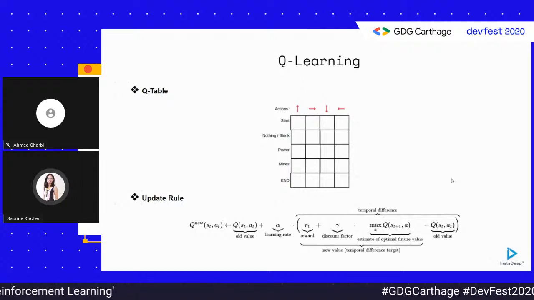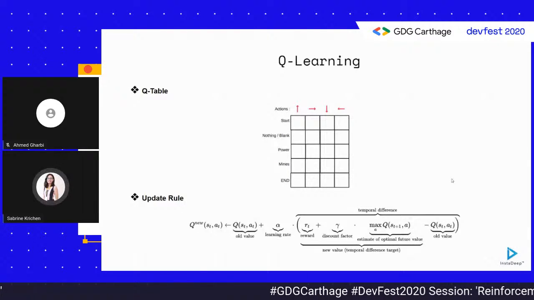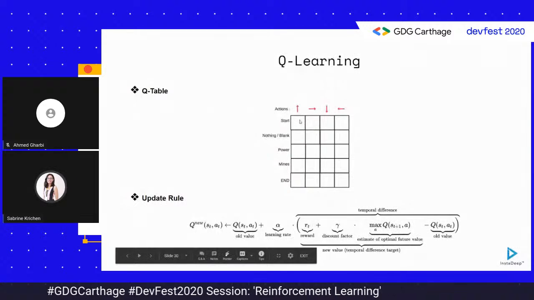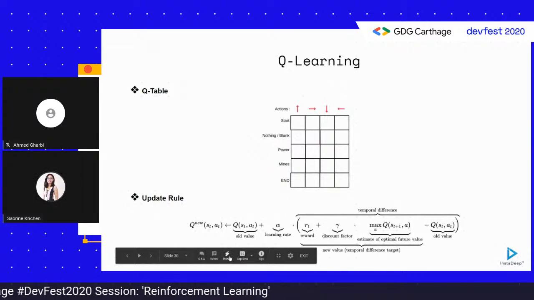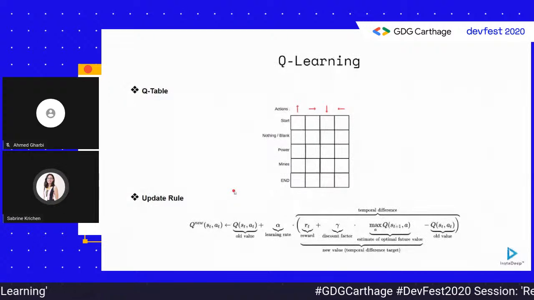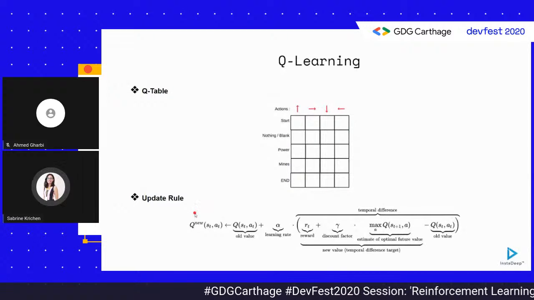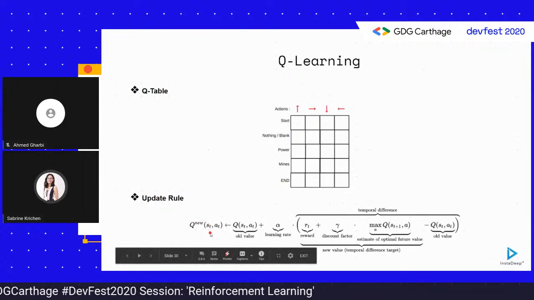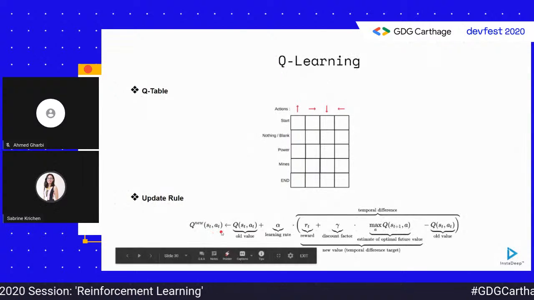Now, how are we going to update the Q values in the Q-table? For that, we're going to use the following equation. For each new Q value, as we see here, we have the state and the action.